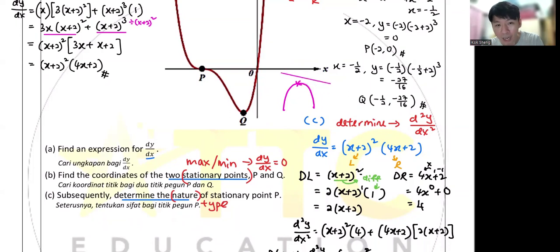So the tangent, let's say from the maximum point, you will turn from positive to 0 and then to negative for maximum. Minimum will be opposite. Minimum starts from negative, turns to 0, and then turns to positive.